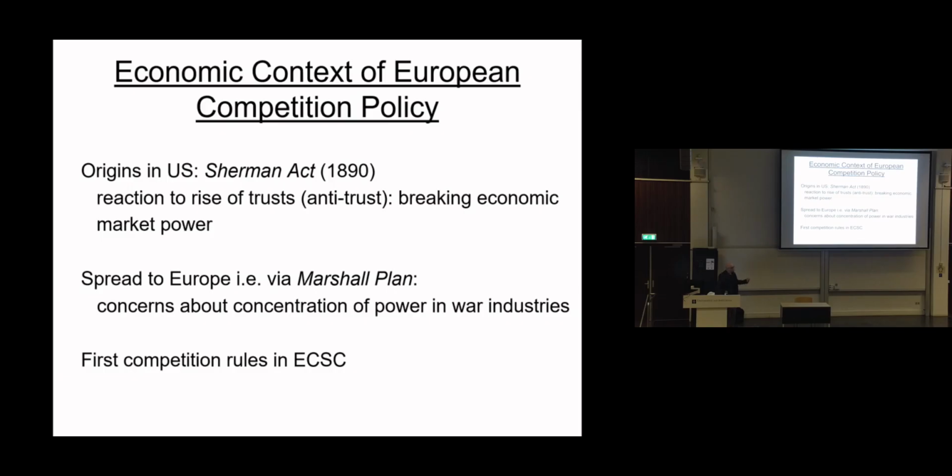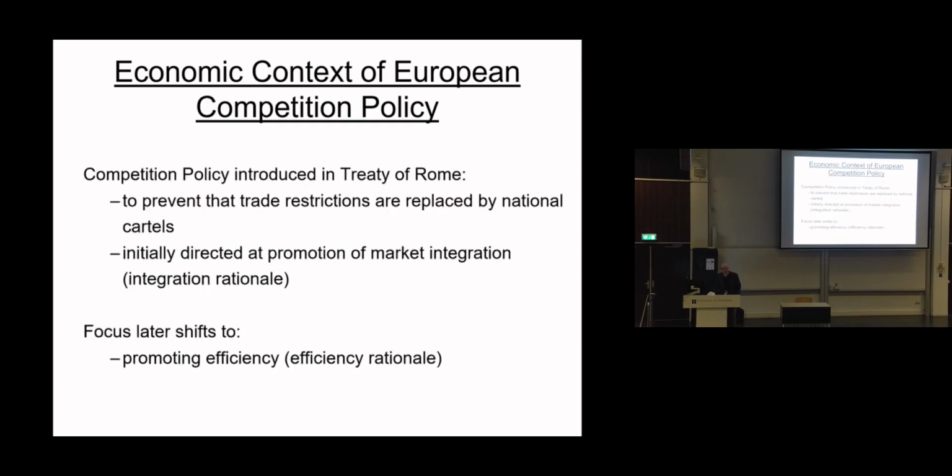These ideas reached Europe via the Marshall Plan after the Second World War, and the first competition rules were already in the European Coal and Steel Community. They were introduced in the Treaty of Rome in 1957, to prevent trade restrictions from being replaced by national cartels, and to promote market integration.